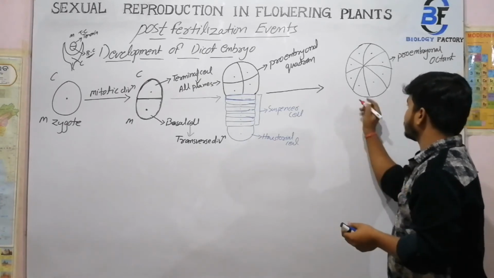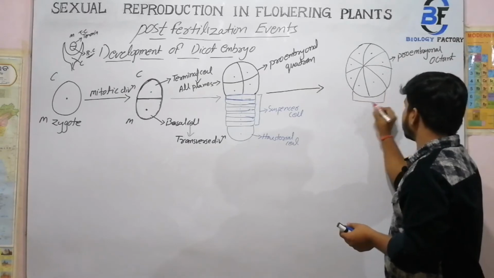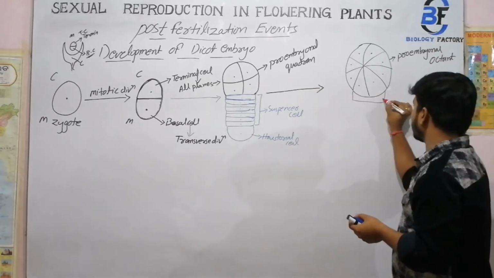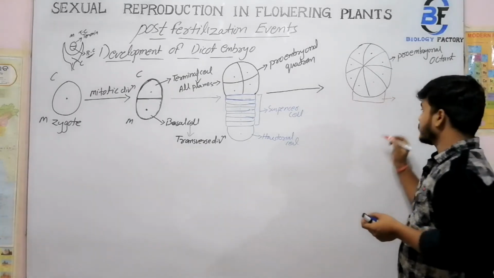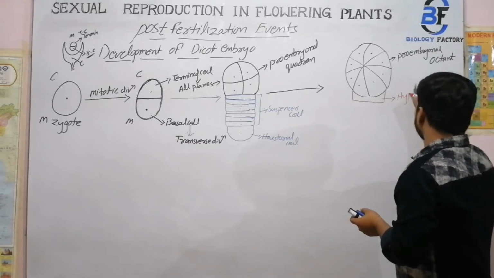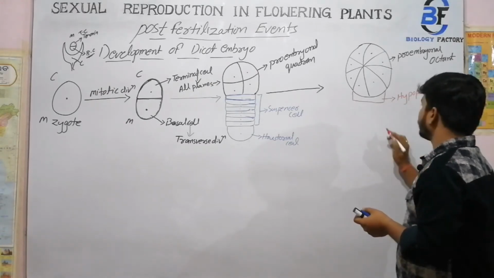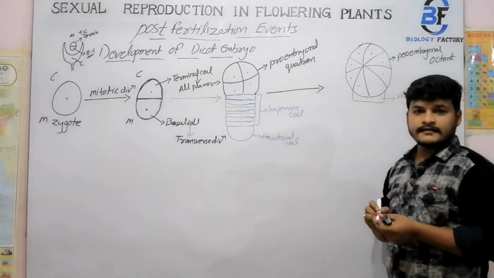I just change the color. This cell, which is attached to your proembryo, is otherwise known as your hypophysis.